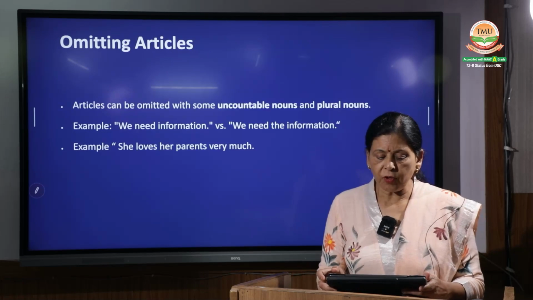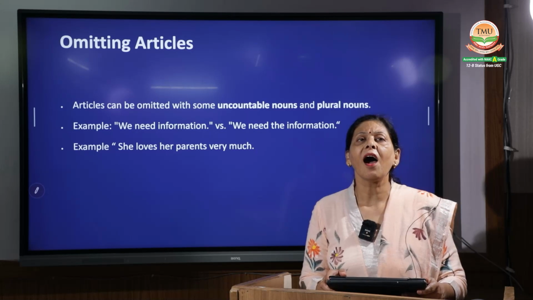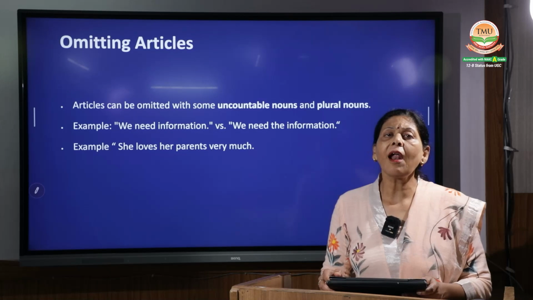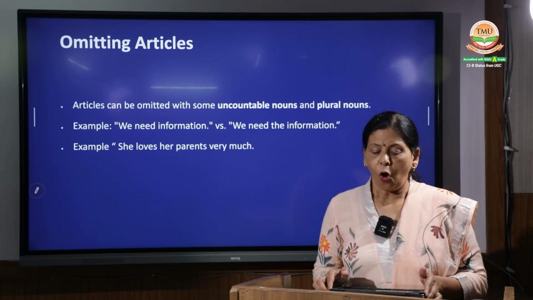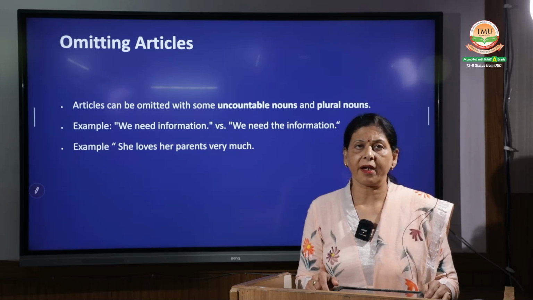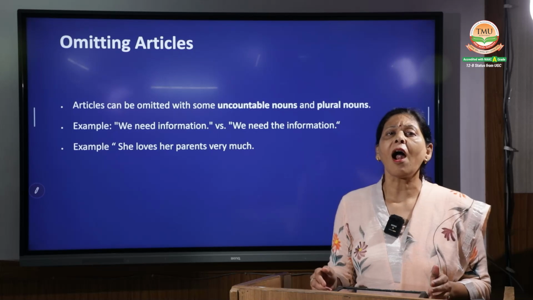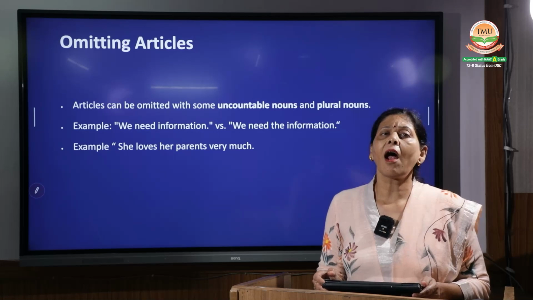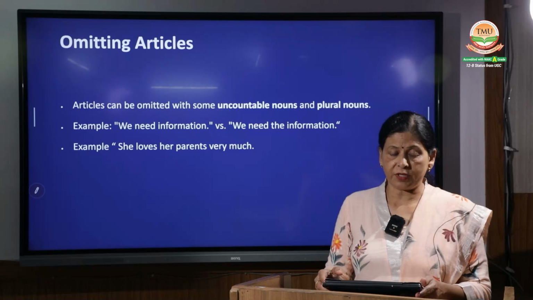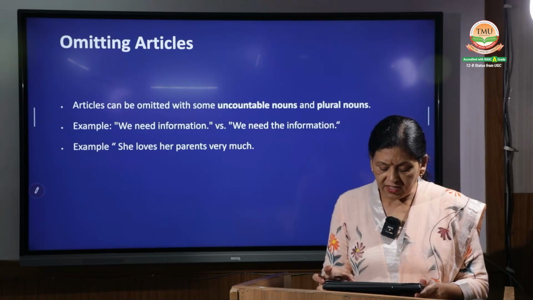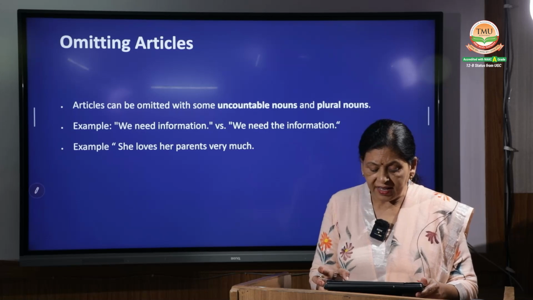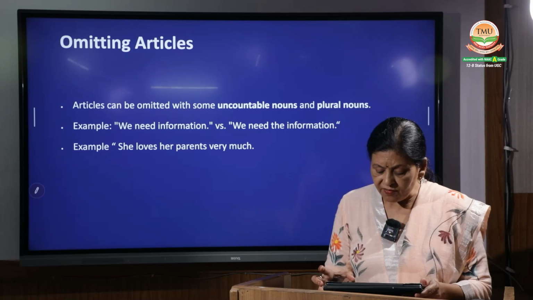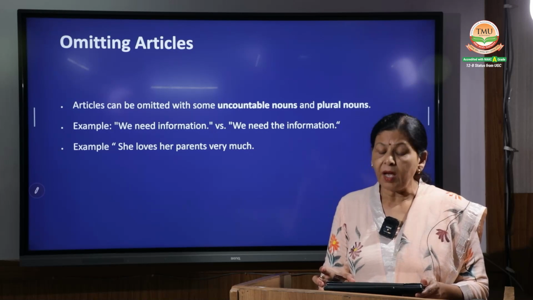Now we come to the next slide, that is omitting articles. Now we'll discuss where articles are omitted, or we can even say zero articles, the sentences where articles are not used. Articles can be omitted with some uncountable nouns and some plural nouns.